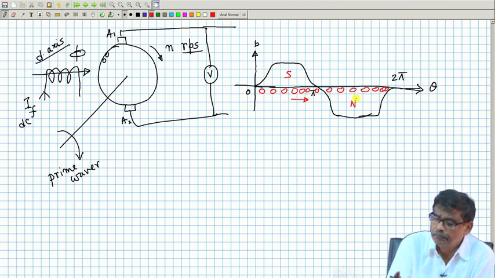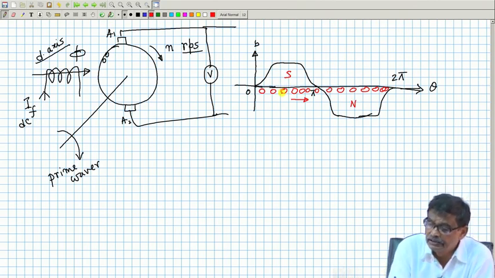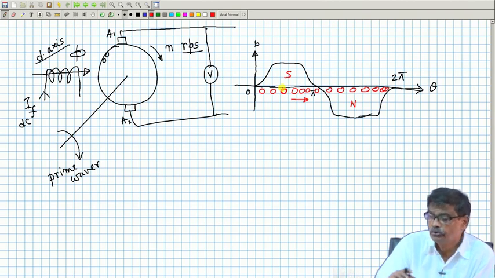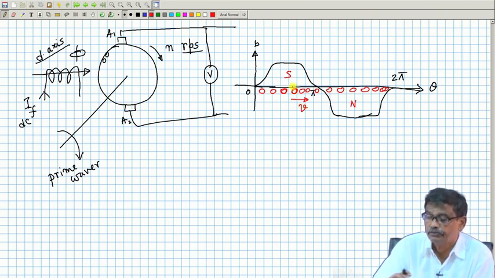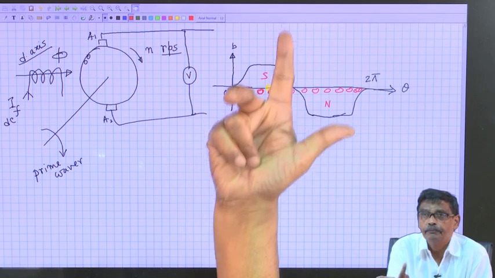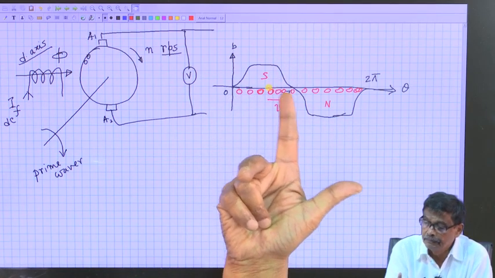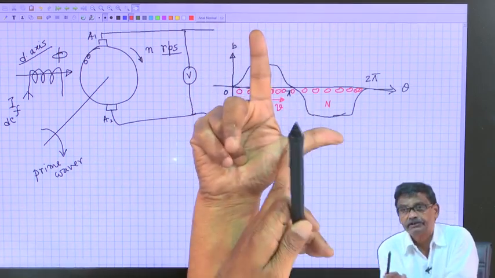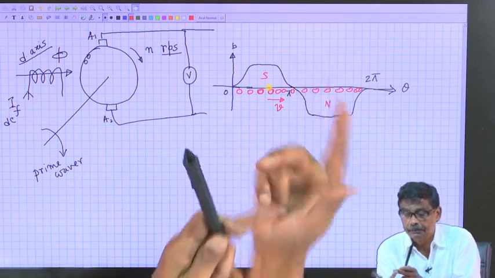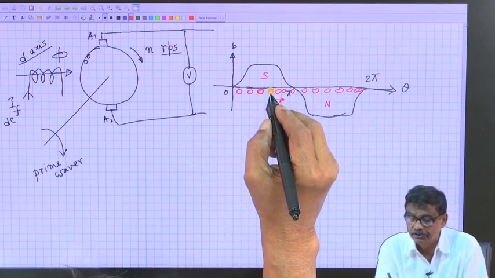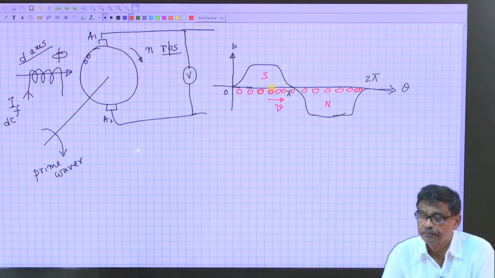Then I will apply right hand rule to find out the voltage induced in a single conductor. This is the direction of, say, tangential velocity V of this conductor. I want to find out what is the voltage. This is B, this is V, direction of voltage, and this forefinger, this tip will tell you the polarity of the induced voltage coming.